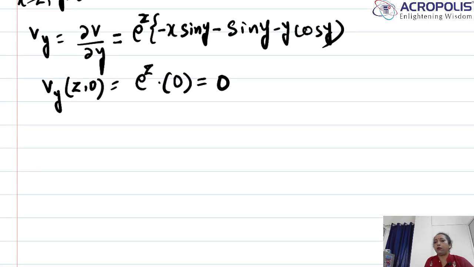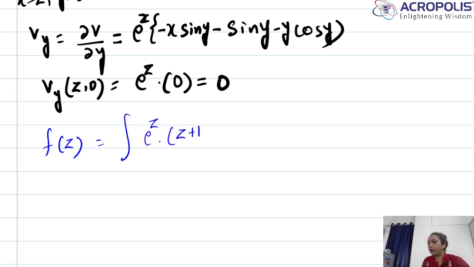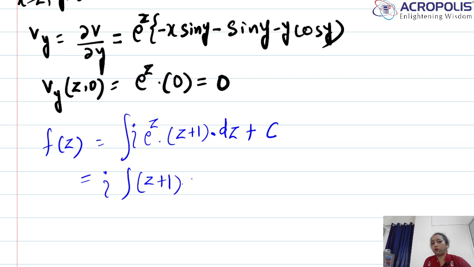Now I am applying the formula of Milne-Thomson's method: f of z is equal to the integration of e to the power z dot (z plus 1) dz plus c, times i, which is equal to i times the integration of (z plus 1) e to the power z, plus c.